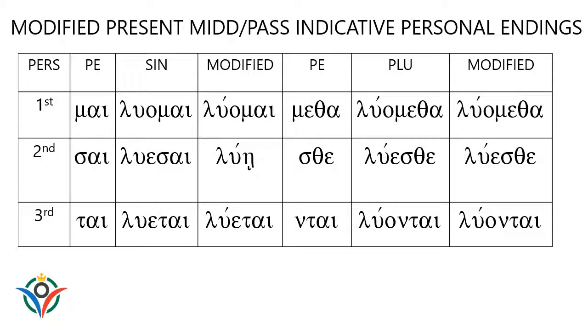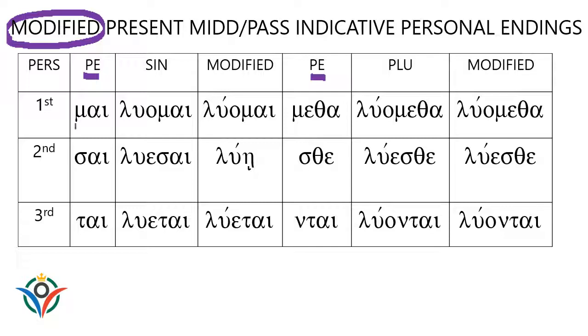What I'd like to do now is explain to you some of the modifications that have taken place in the present, middle, passive, indicative personal endings. And essentially, as you're going to see, there's only one modification that has taken place. All the others have stayed the same. So the PE in this table stands for personal endings. And now you are familiar with them.